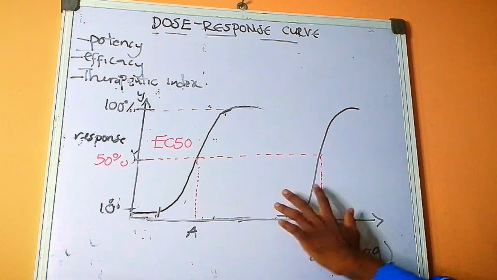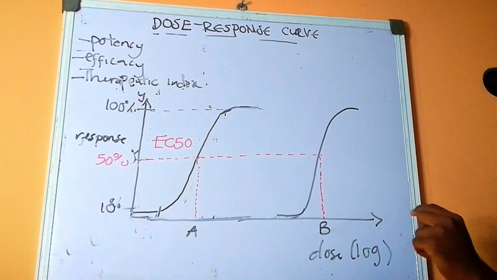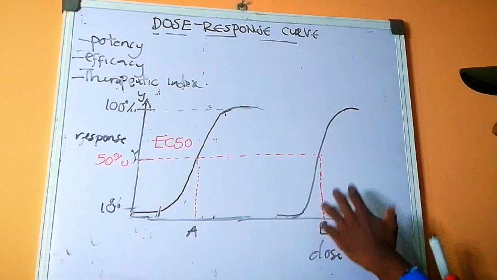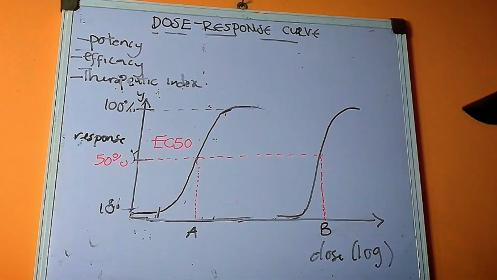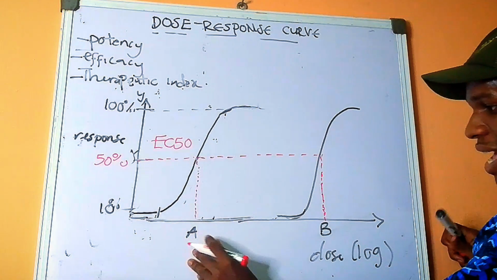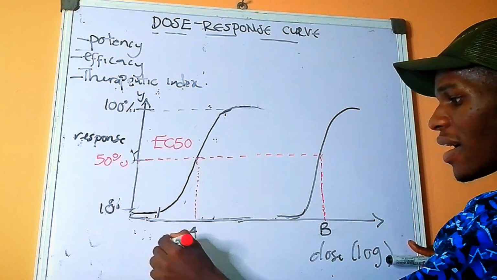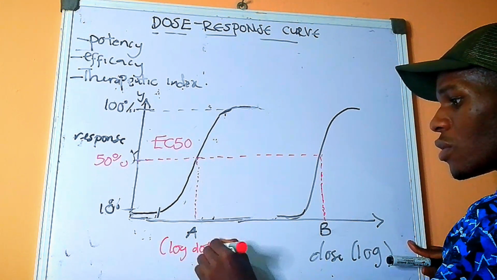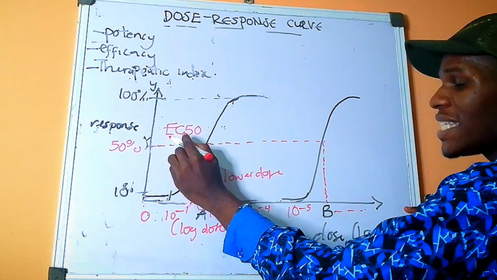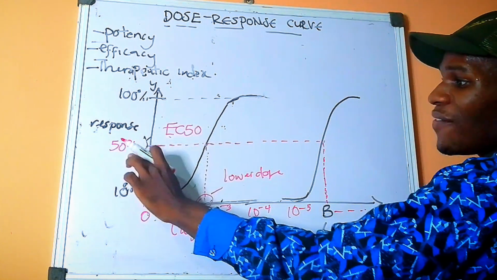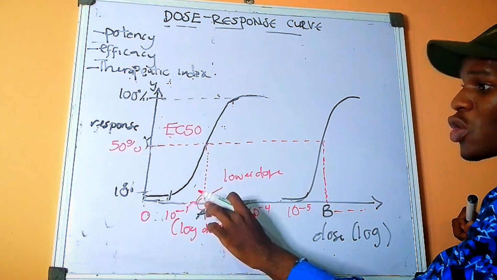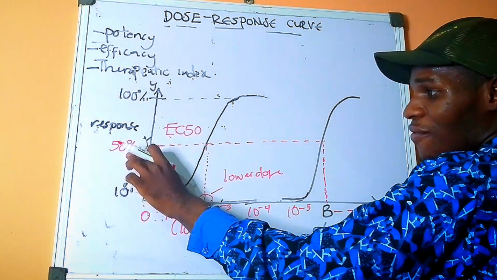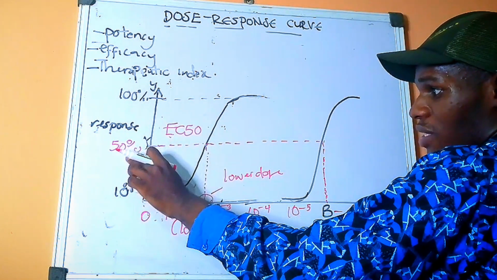If you look at these two sigmoid curves of, let's say, two drugs or even the same drug, we can see that at dose A, we would require a lower dose to produce an effective or therapeutic effect in 50% of the population. That is EC50.